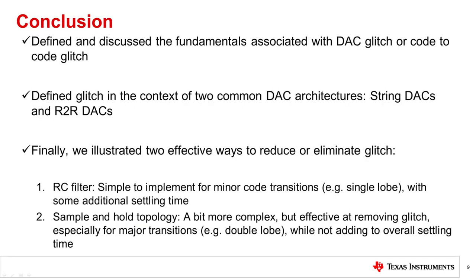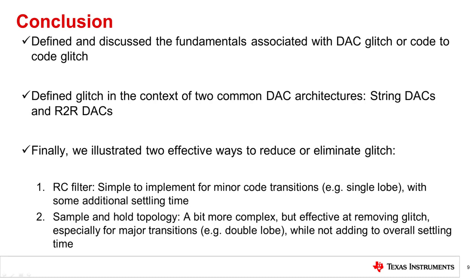In conclusion, in this lesson we defined and discussed the fundamentals associated with DAC glitch, also known as code-to-code glitch. Further, we discussed glitch in the context of two common DAC architectures, that of a string DAC or an R2R DAC. Finally, we illustrated two effective ways to reduce or eliminate glitch.